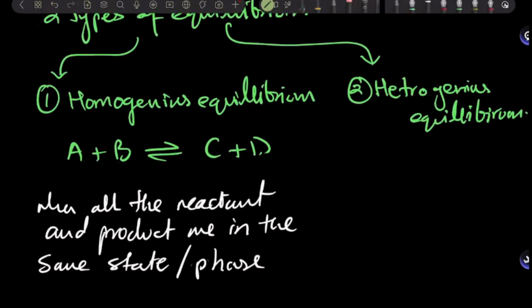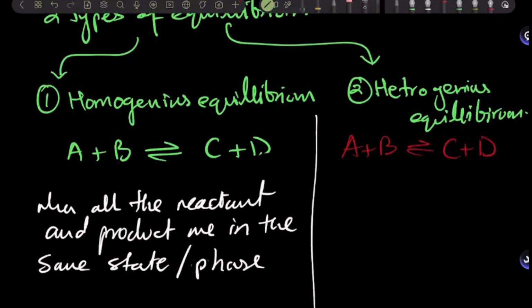All right. And in heterogeneous equilibria, what's the difference between homogeneous and heterogeneous? In heterogeneous equilibria, in the reaction, you would have different states or phases on both sides, or more than one state or phase. Clear?